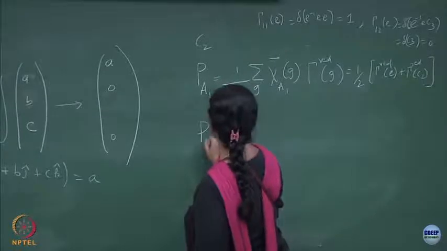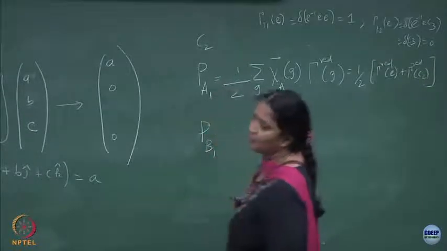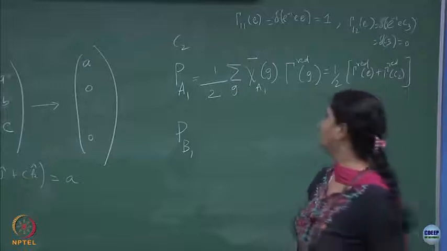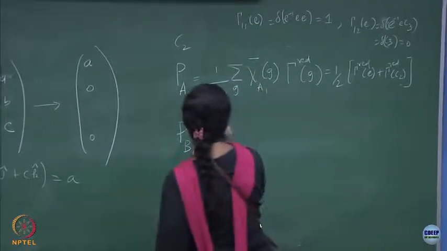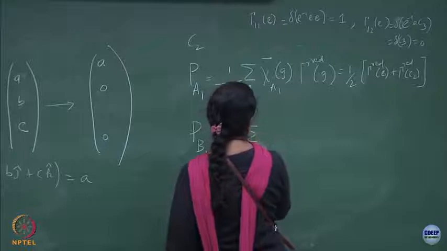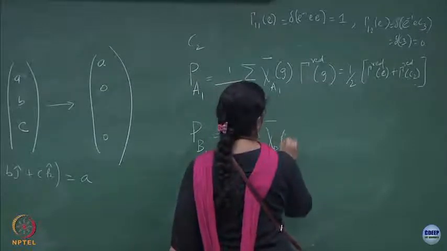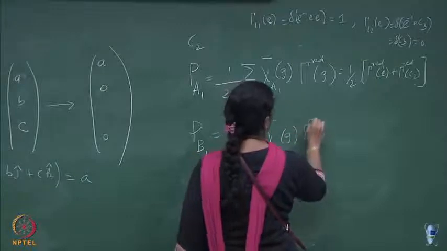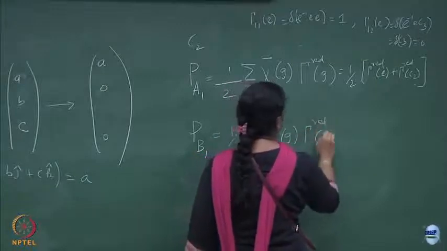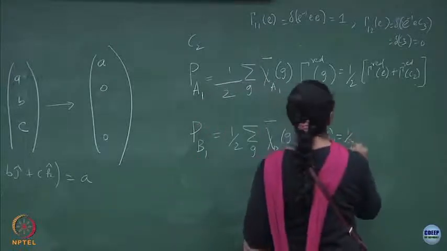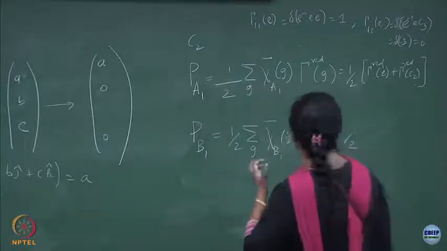No, B1. Why B1? Because the principal axis has negative eigenvalue. So, the character is 1 and minus 1.